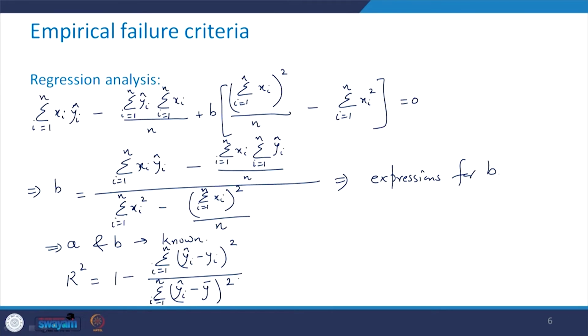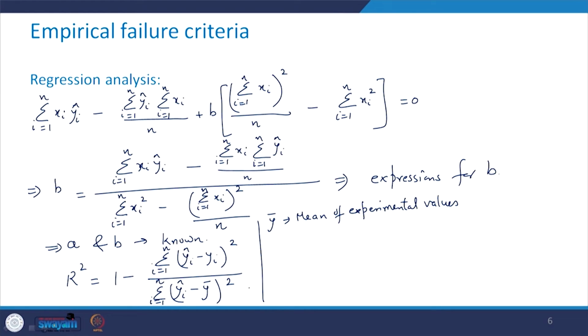Now what is this y bar? This y bar is the mean of the experimental values, which you can just obtain by summing and dividing it by the number of data points.